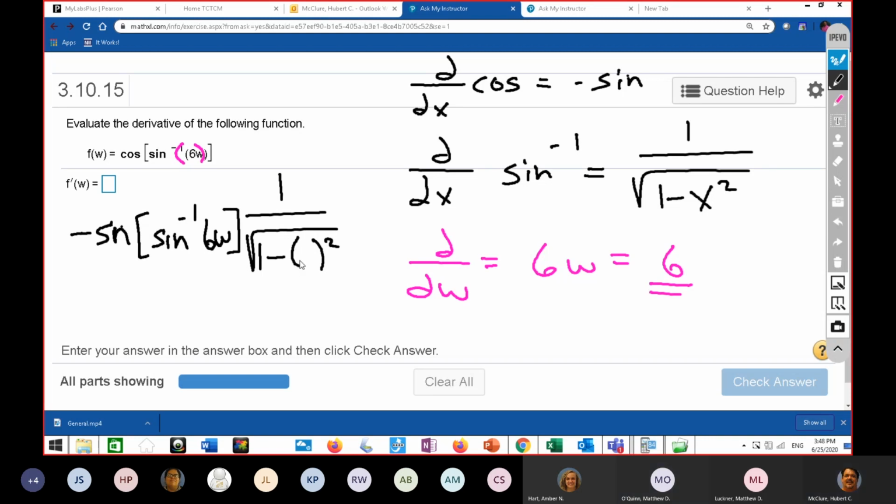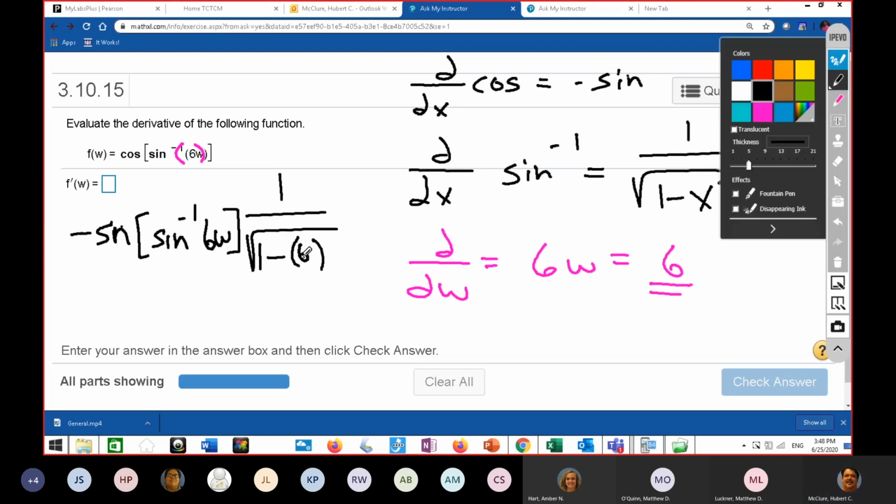Six w. And then what goes out to the side? The derivative of the parentheses, which is 6.